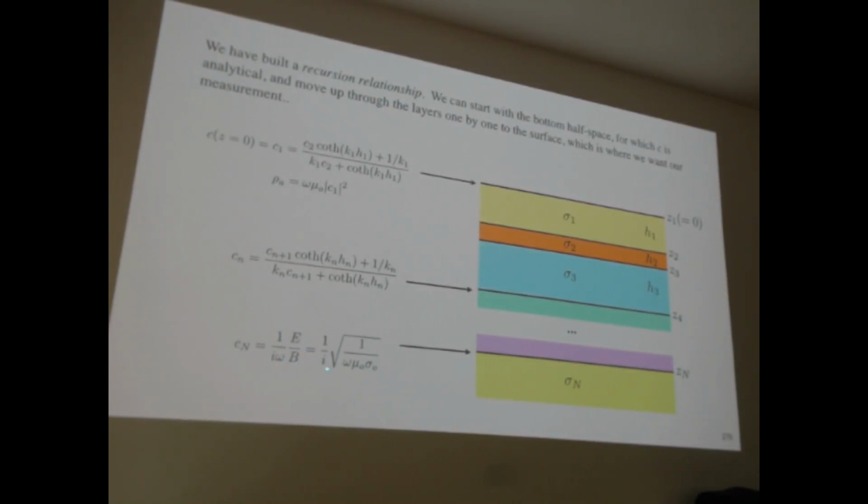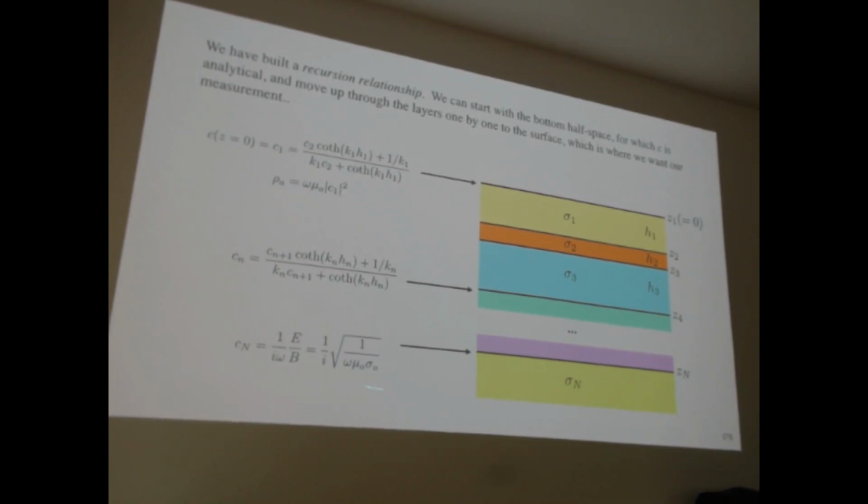That's just E over B. We have the half space solution down here. And then we can write C at the top of the next layer based on this solution. And then we can jump up to the next layer. We can go all the way to the surface where we can get C. And if we've got C, we've got resistivity, and we've also got phase because C is a complex number. So that's it. Solution for a layered Earth.